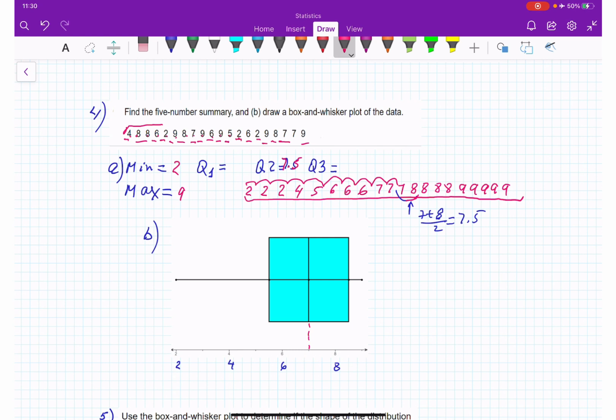All right. Now quartile 1. We have 1, 2, 3, 4, 5, 6, 7, 8, 9, 10, so positions 5 and 6. It's going to be 5 plus 6 over 2. It's going to be 5.5. Which is going to be this one. And for quartile 3, 1, 2, 3, 4, 5, 6, 7, 8, and the 5th position.